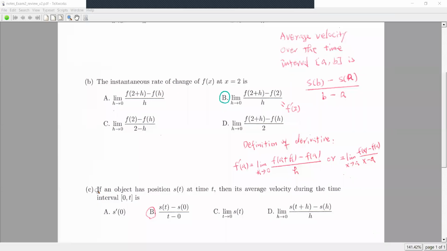Part C. If an object has position s of t at time t, then its average velocity during the time interval from 0 to t is B by the average velocity formula.